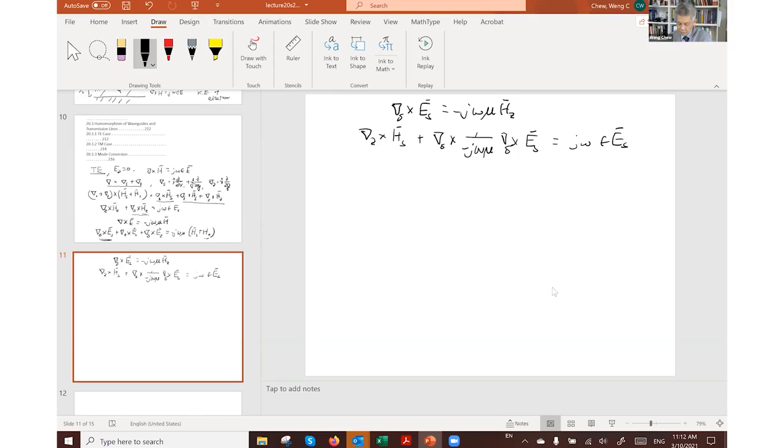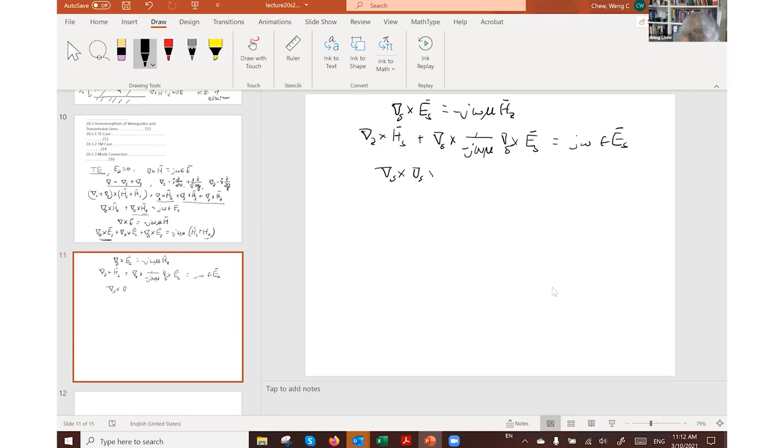Is this Ampere's law or Faraday's law? Yeah, this is Ampere's law. Ampere's law becomes something like this, but I need to simplify it in order to make this equation look like the telegrapher's equation.